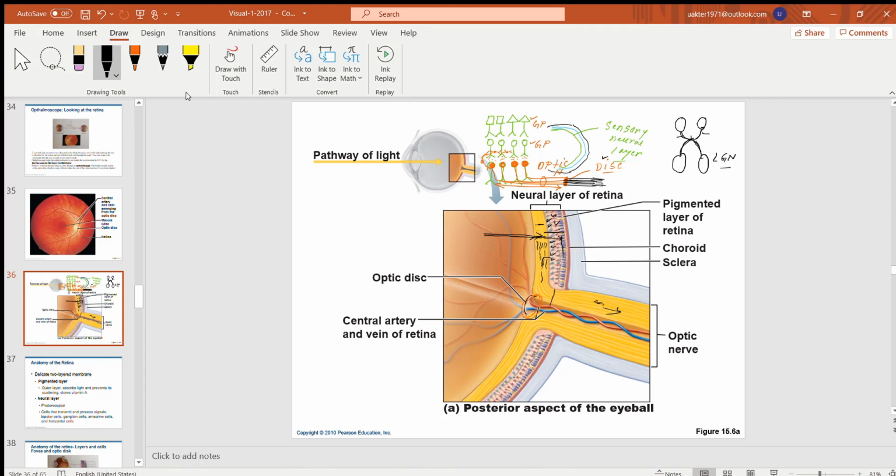Okay, and then from the lateral geniculate the signal will be taken to the primary visual cortex in the occipital lobe. We'll talk about that later.